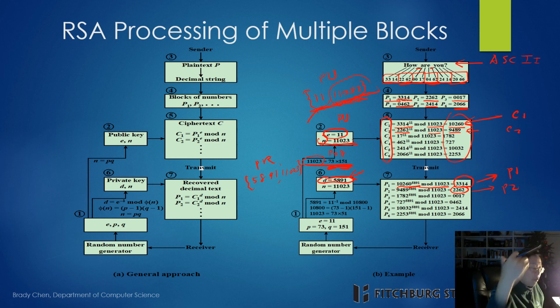And once I get these two prime numbers, I can generate the n. Of course, I already know the n. So if I factor the n, I get 73 and 151. So I can easily calculate the phi of n, the Euler's totient function of n. And then, based on the public key, I can easily find out the other number, 5891.